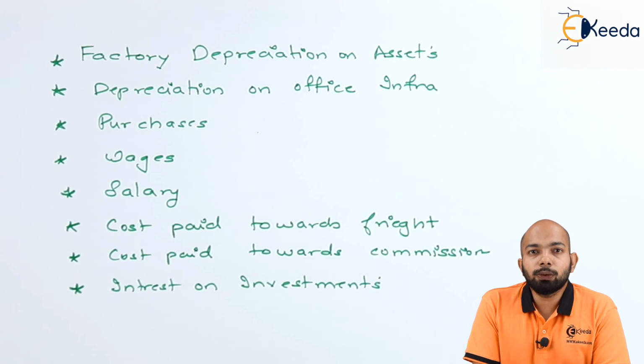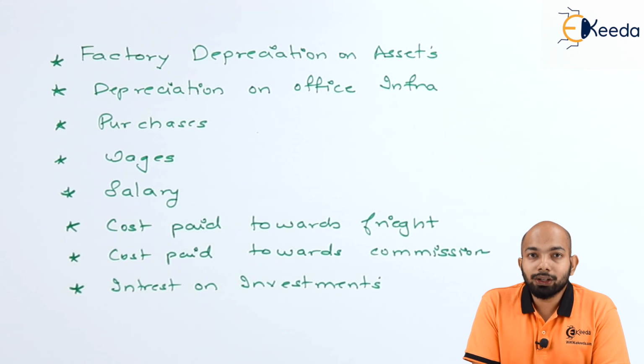Tell me whether this will be a part of the trading account or the profit and loss account. That's correct. This will be a part of the trading account because this is a factory depreciation, and further adjustment will be made towards the asset account of that specific asset purchased for the production unit. So this depreciation will be a part of the trading account.